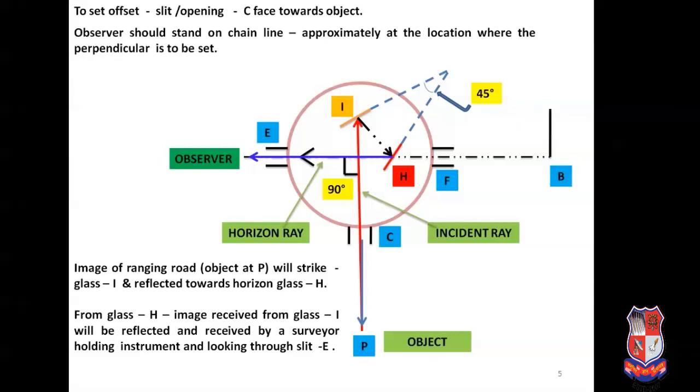The observer should stand on the chain line AB approximately at the location where the perpendicular is to be set, holding the optical square in his hand and looking from the slit E. You can see here, the observer will look through this slit E, standing approximately on the chain line AB, holding the optical square by the handle which is provided at the bottom of the optical square, at eye level.